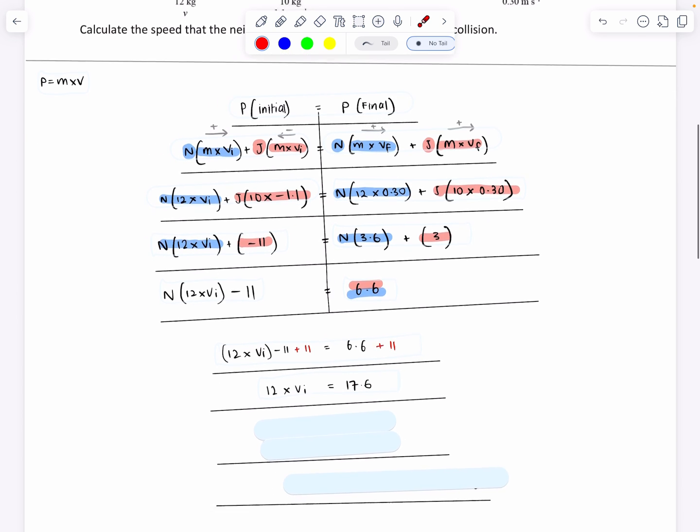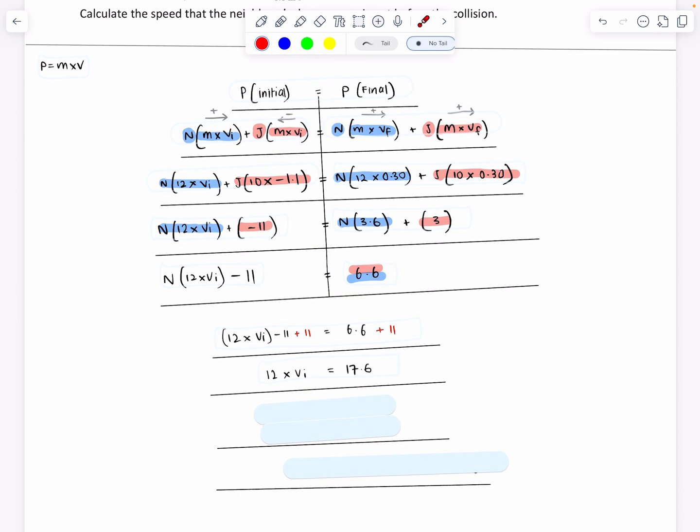So I've undone it. And now 6.6 plus 11 is 17.6. So I've simplified that. The next step would be to get rid of this 12 times VI. So the way I can get rid of 12 times VI would be to do the opposite of times 12, which is divide by 12. And so if I divide by 12 on one side, that cancels it out here. That means I have to divide by 12 on this side.